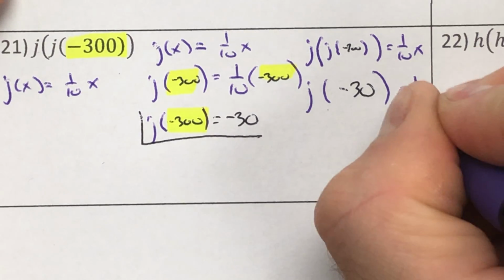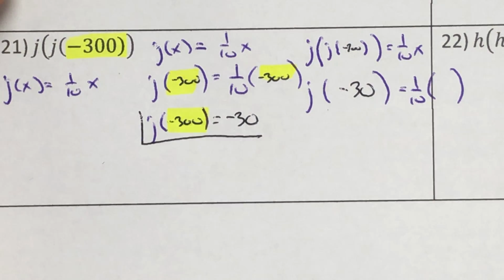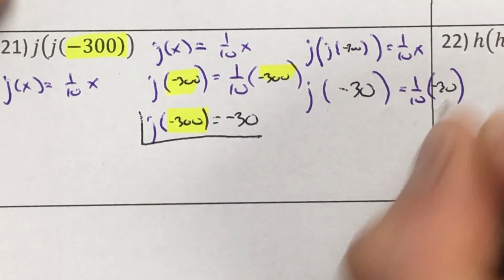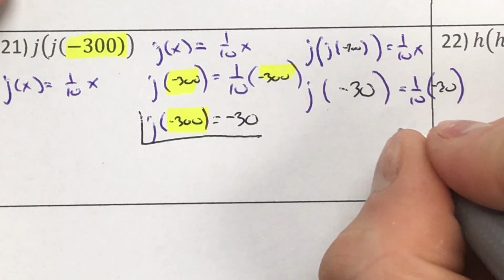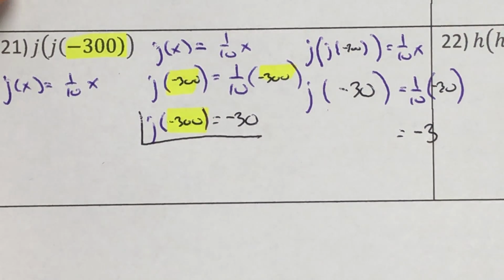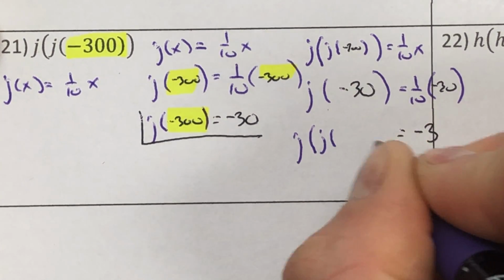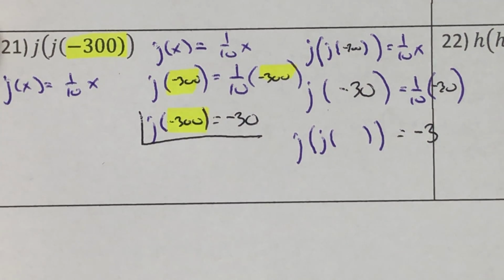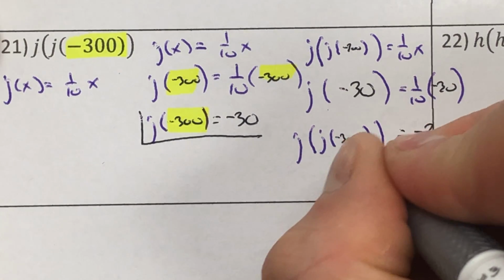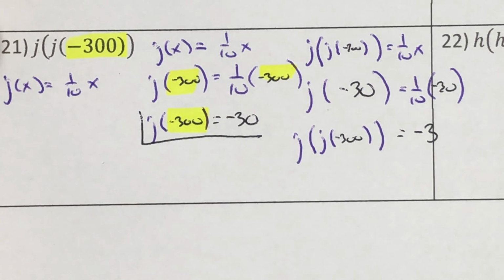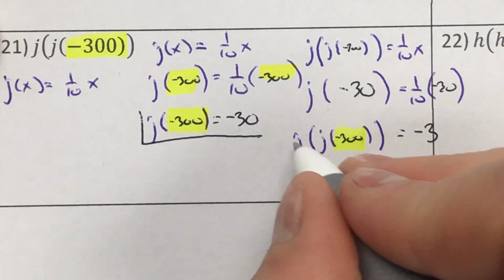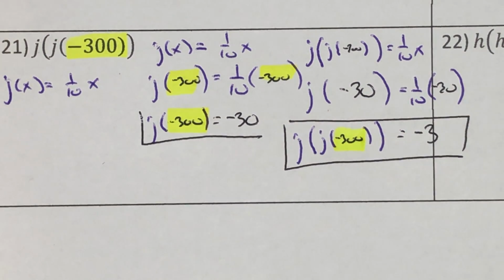And I'm plugging that into 1/10 of that negative 30. 1/10 of negative 30 is going to give me a negative 3. And I know that is all I'm looking at here. So j of negative 300 is equivalent to negative 3. And there we go.